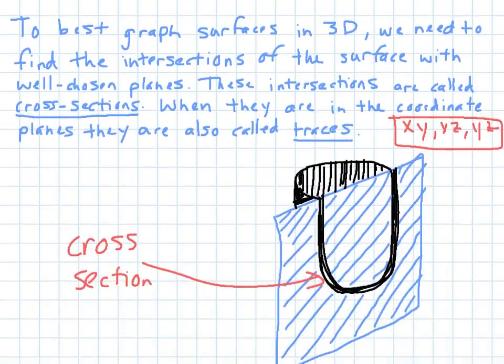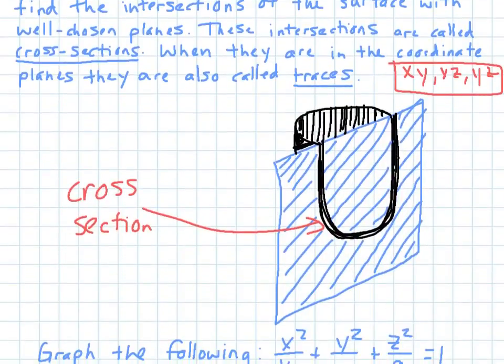And I usually call the trace like the outline, where the plane actually intersects the surface, the picture that's created when they intersect one another. So this is just my 3D conception of a cross section and what we're talking about.